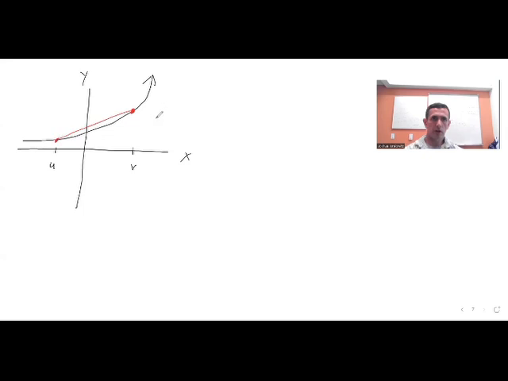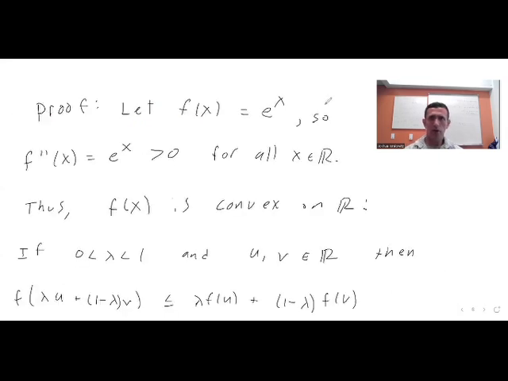Okay, so I have f of my 2 points here. Okay, so this here represents something in the line segment between u and v.